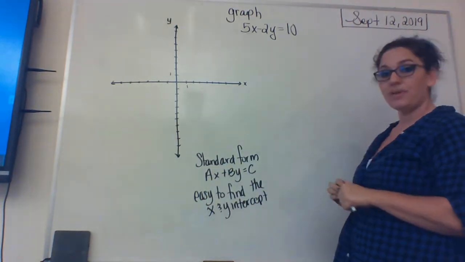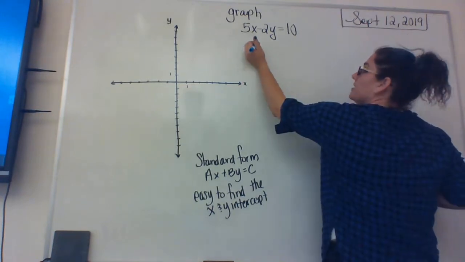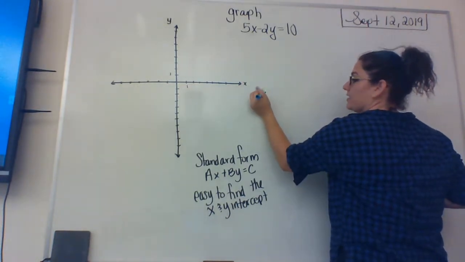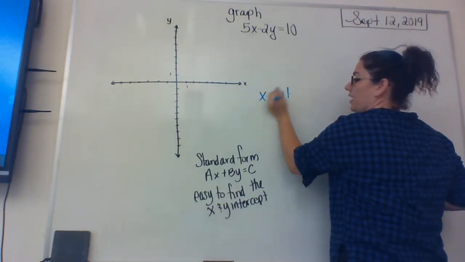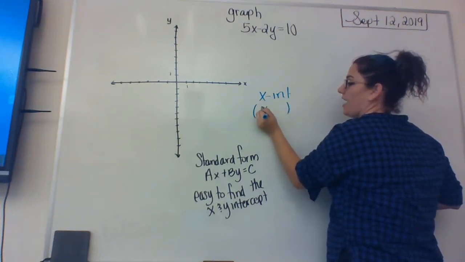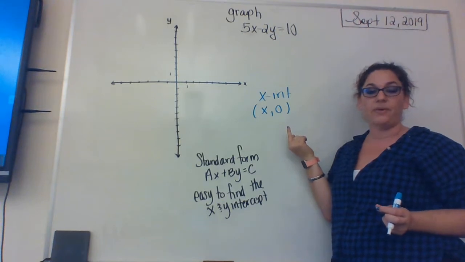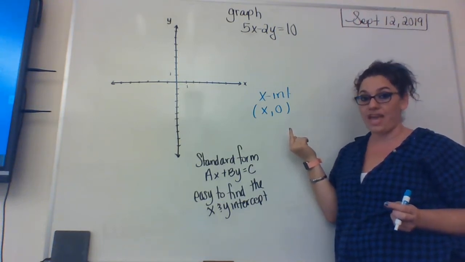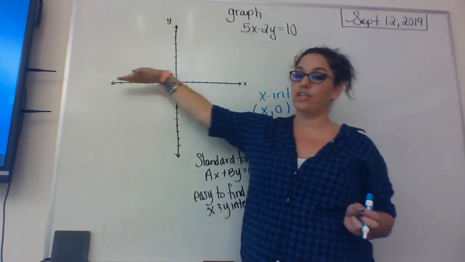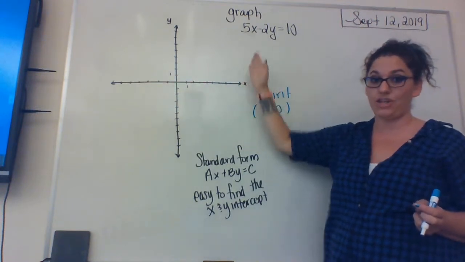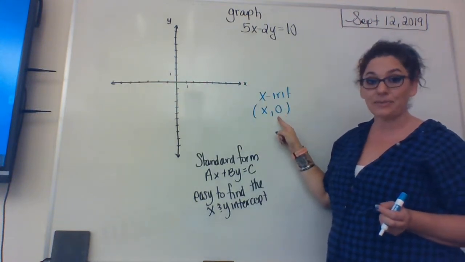So if I'm going to do that, what I need to know is that, first of all, x-intercepts are in the format of (x, 0). They will always have a 0 for the y value because they have to lie on the x-axis. So they need to have just horizontal movement, no vertical. That's literally what it's saying.